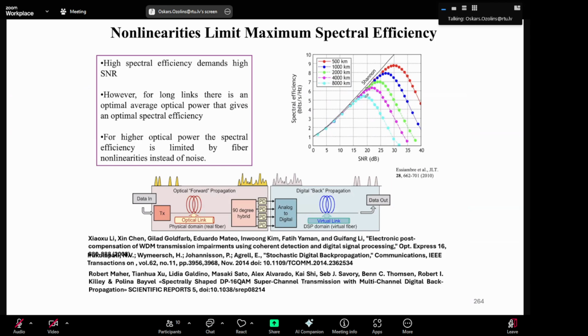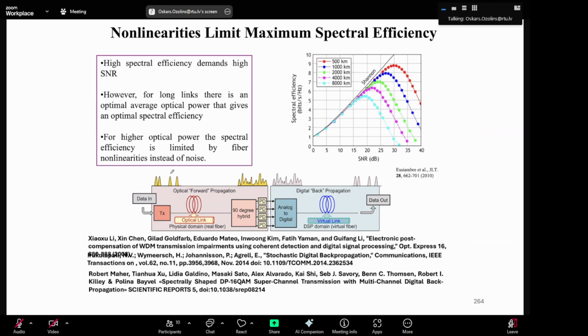For example, for 500 kilometers, we can still transmit at 30 dB signal to noise ratio and get quite high spectral efficiency, close to 9. But with a longer distance, the spectral efficiency drops, and we cannot pump more signal to noise ratio, because then the nonlinear effects start to play a role.